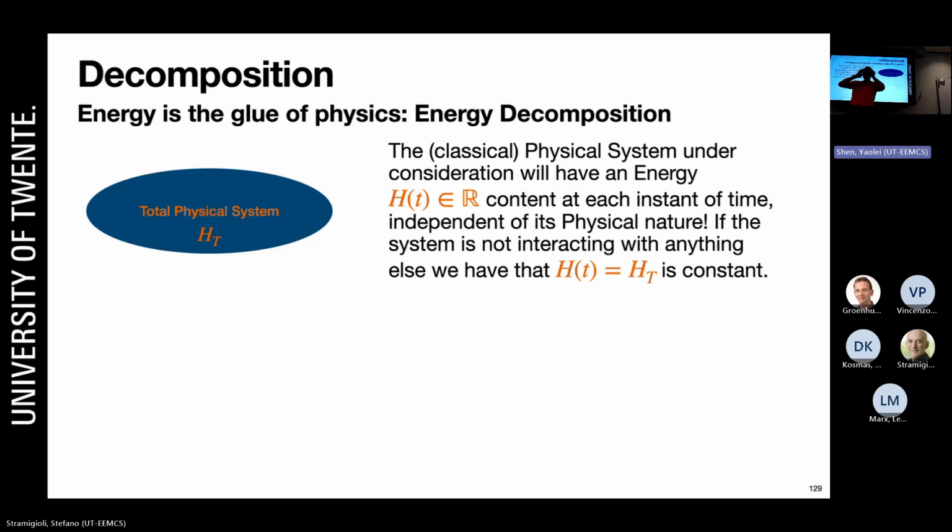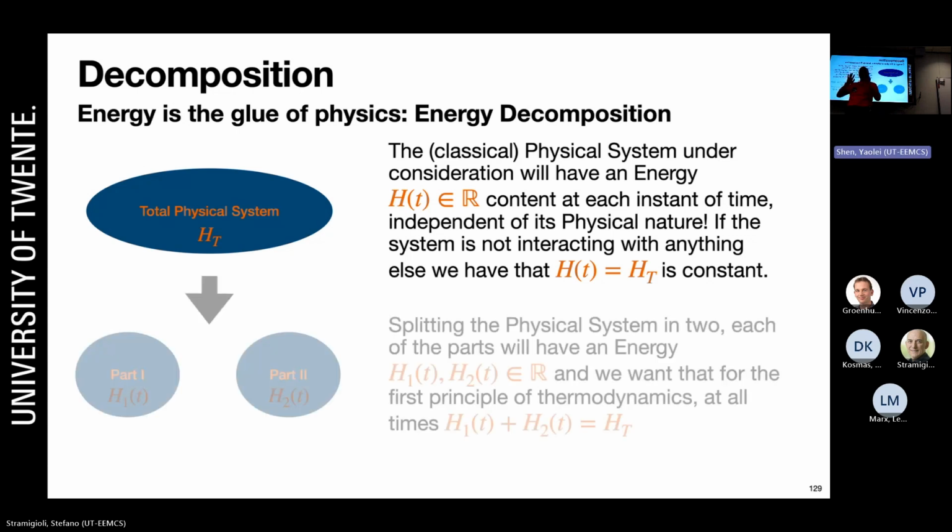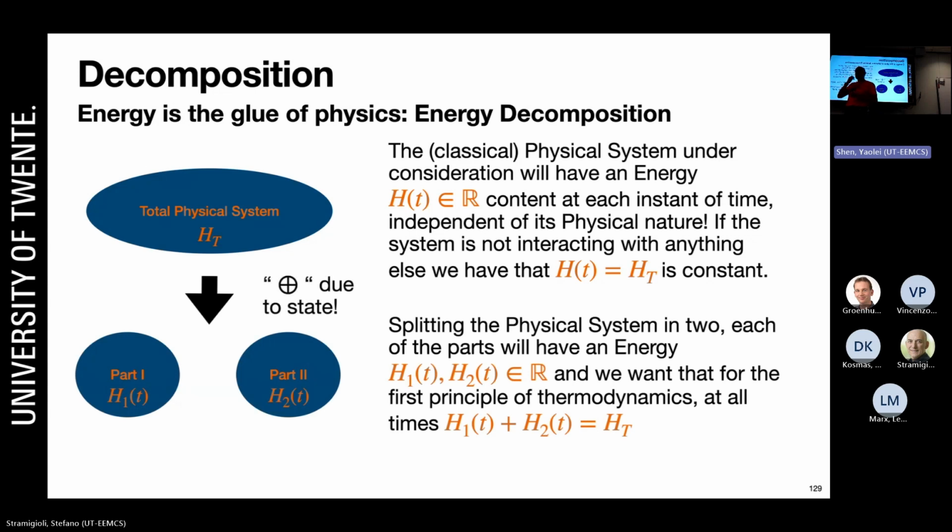Now, if you want to do a conceptual decomposition of your system, you want to say, okay, I want to decompose it. It's like, for example, a harmonic oscillator, and you want to say, why does that behave like this? What are the things that actually make this harmonic, what I measure, what I see?